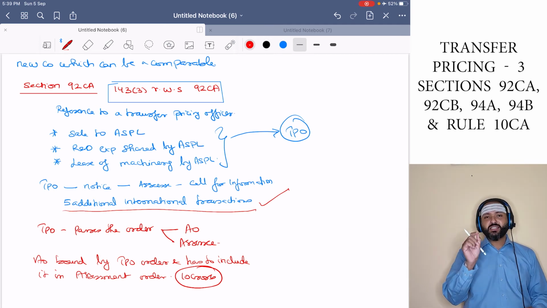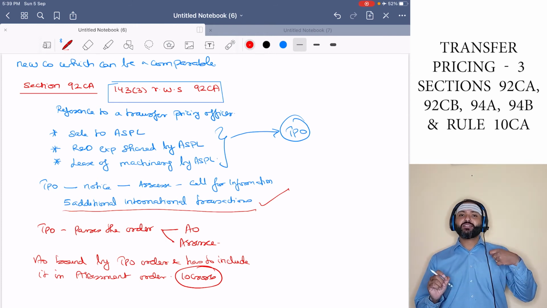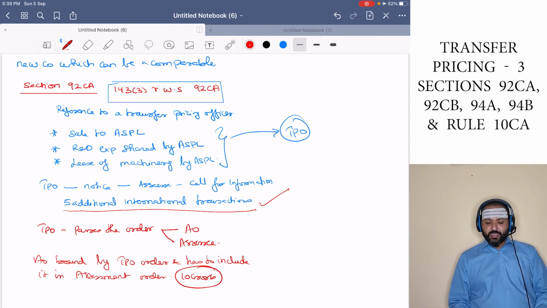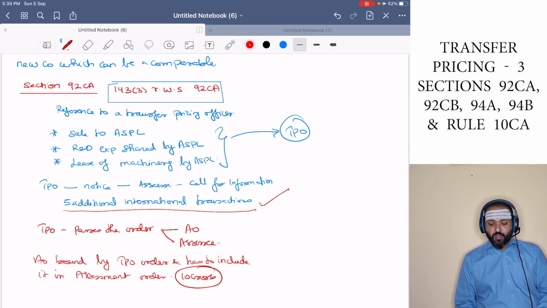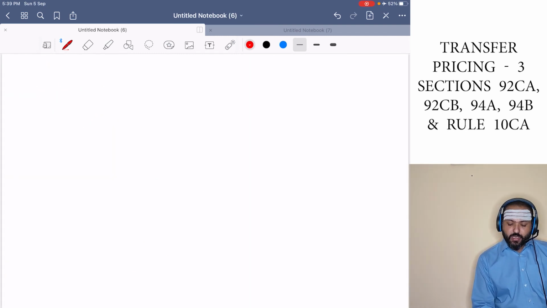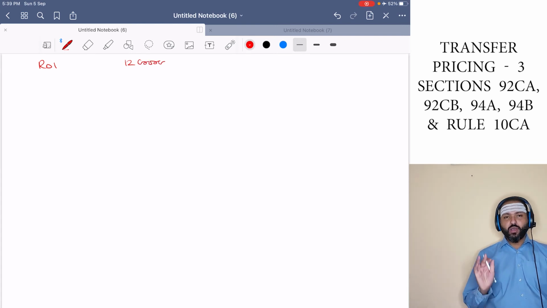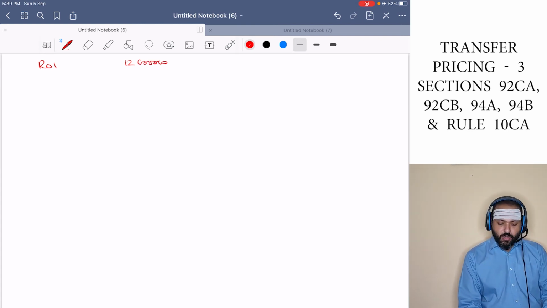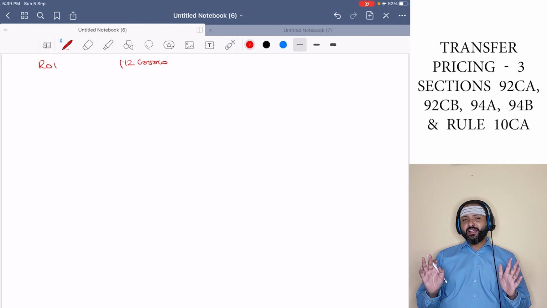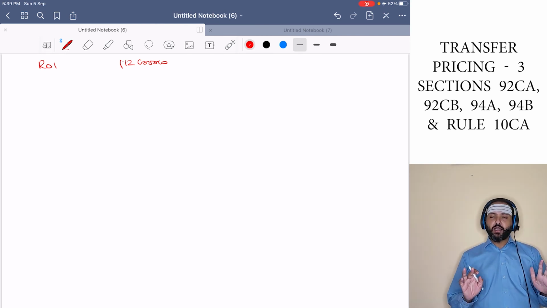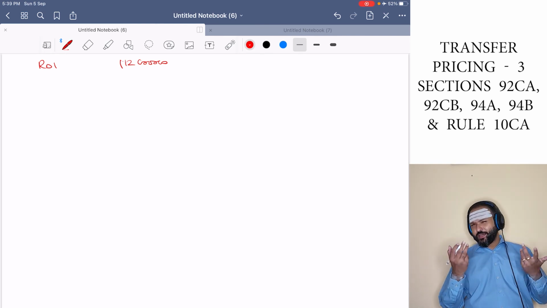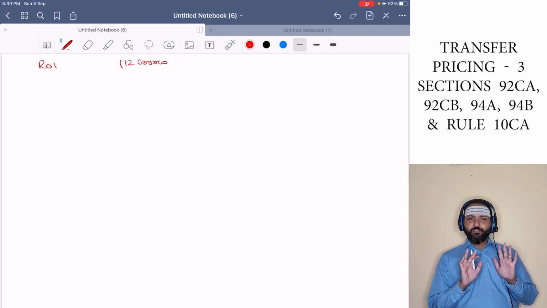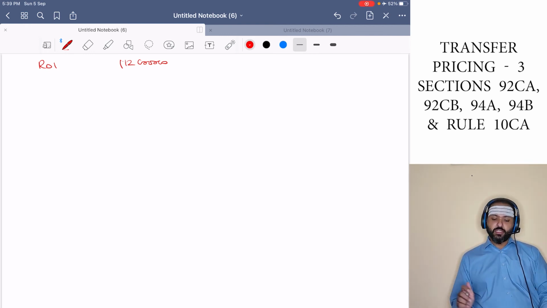Now, when the assessing officer passes the assessment order, let us say that you have filed a return of income with 112 crores as the total income.